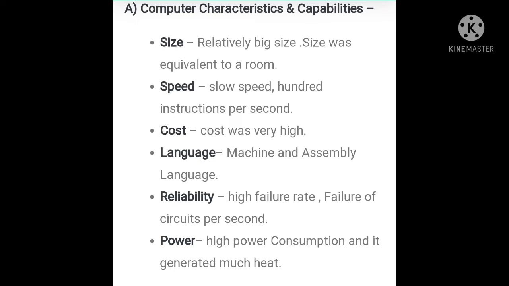In that, first is size. Relatively big size. Size was equivalent to a room. Speed. Slow speed, 100 instructions per second. Cost. Cost was very high. Language. Machine and assembly language.